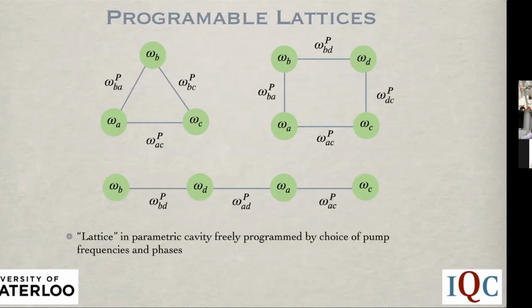And so that's what I mean that we work in so-called synthetic dimensions. But the interesting thing is that I can create the graph of connections in a fully tunable, in situ way. So I'm just turning on and off pumps at room temperature, and I can change from having a triangular lattice, a square lattice, or a 1D lattice.